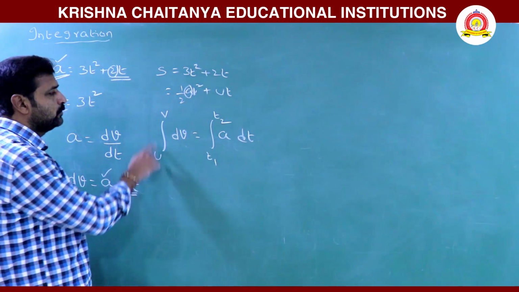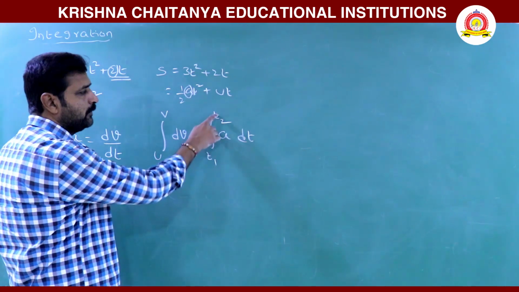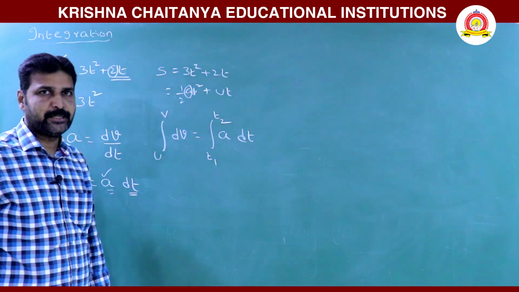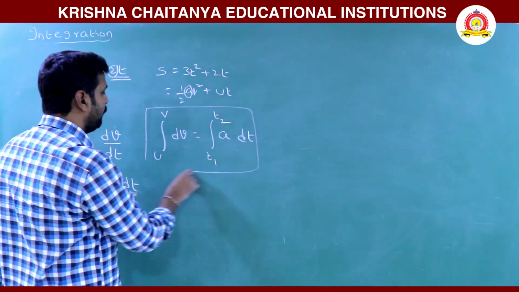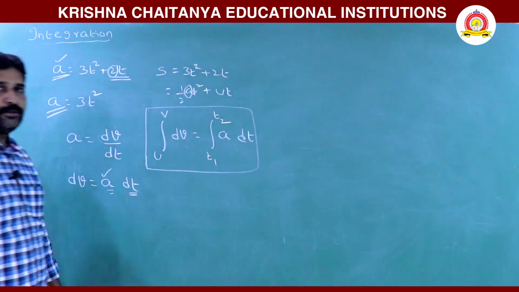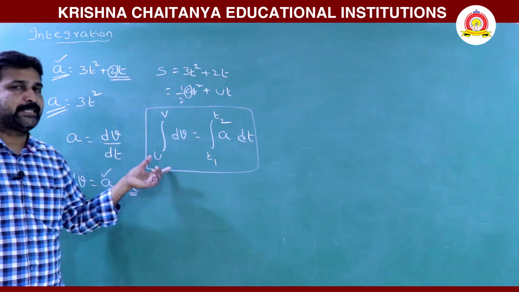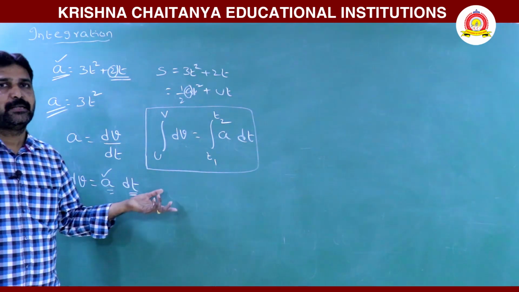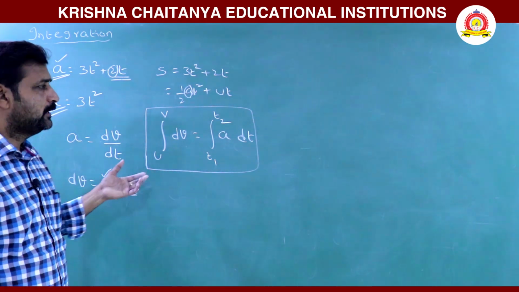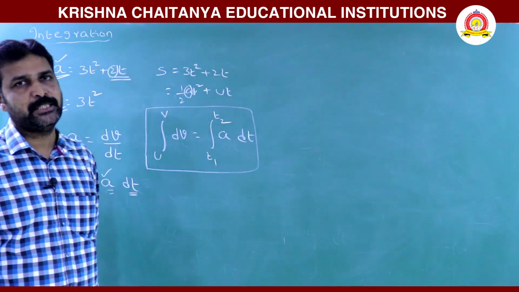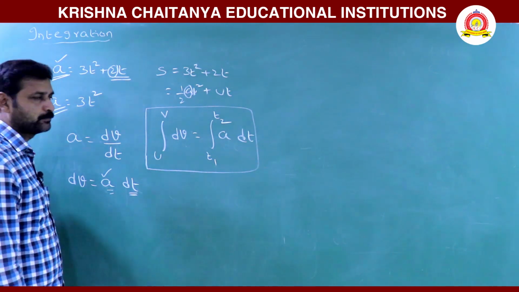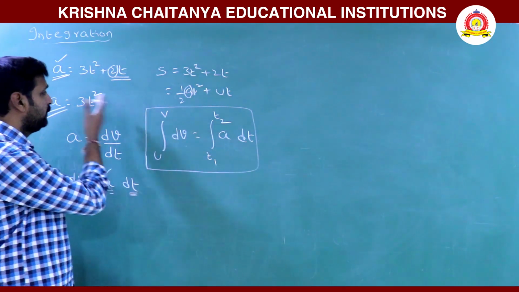So, integral u to v dv is equal to integral t1 to t2 a dt. So, this is the form to which v is equal to u plus at is transferred. Actually, the form v is equal to u plus at will be used when acceleration is constant. But here acceleration is variable.